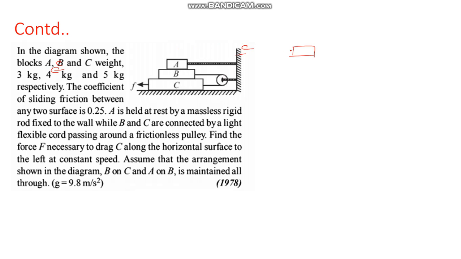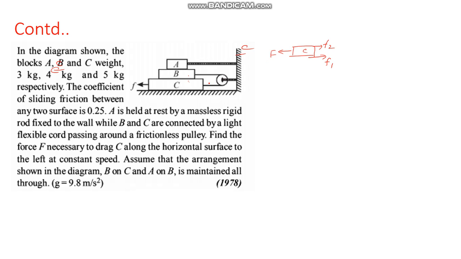There is a block, there is a force. Between the block C and the ground there will be a friction. Because the force is trying to pull towards left, the friction will act towards right. Similarly, in these two interfaces also there will be a friction which will be acting like this.